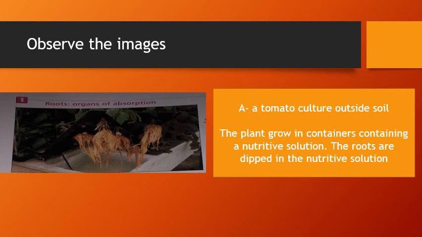They are outside of the soil, so they are not in soil, they are dipped in the nutritive solution. I want you to observe the images very well because we are going to use them later.